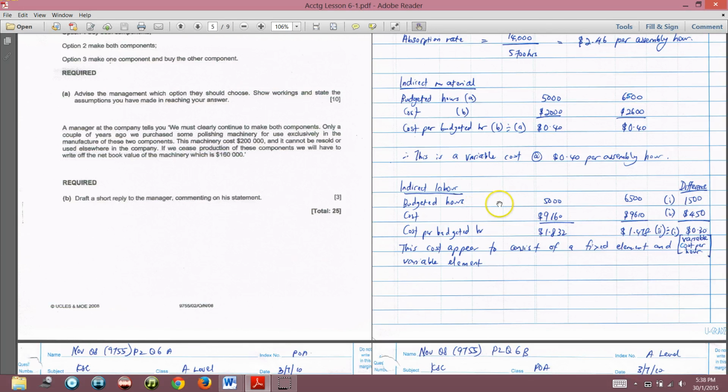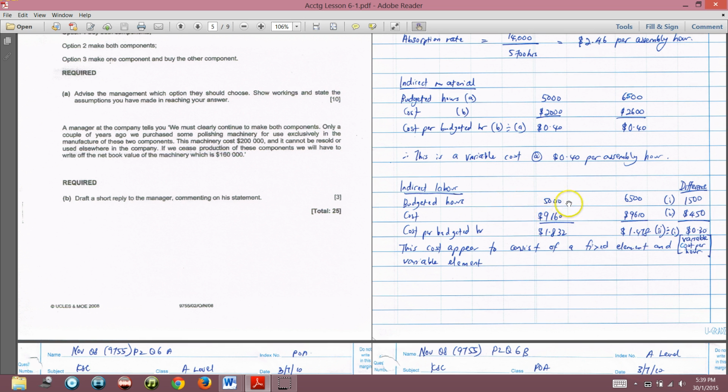Then thereafter, there will be a variable element of your labor cost. That means the variable element will vary directly with production labor hours, because you can hire those production labor according to your level of work, level of activity in your factory.